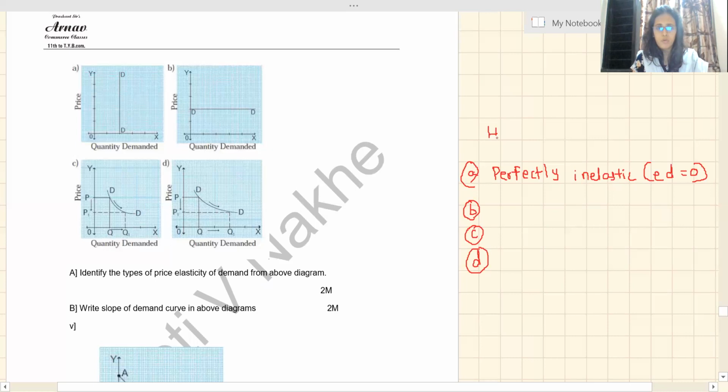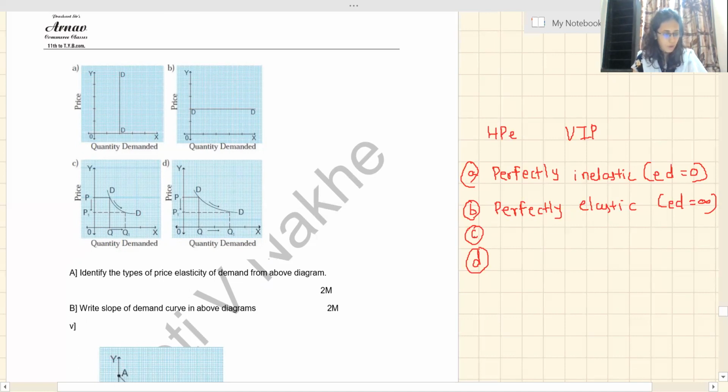I have already told you HPE, horizontal, perfectly elastic, and VIP, vertical, perfectly inelastic. So first is our vertical line parallel to the y-axis. Then second we have horizontal, meaning perfectly elastic, and ED is equal to infinity.